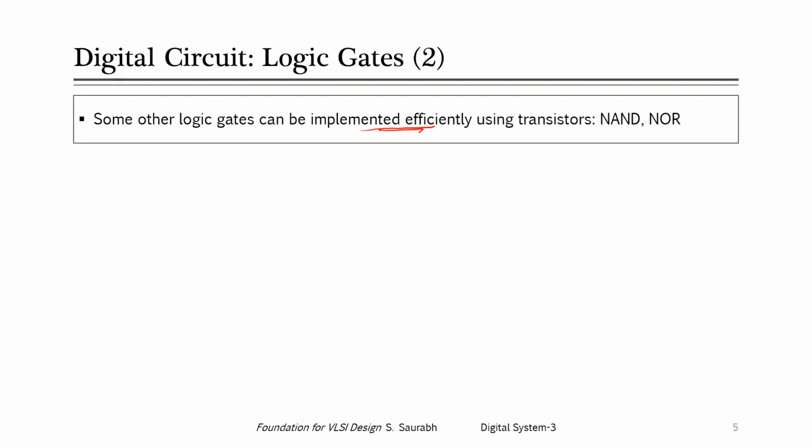For example, in the CMOS technology that is widely used in the semiconductor industry, the NAND and NOR logic gates can be implemented much more efficiently in terms of delay, power, area, and other figures of merit. So logic gates like NAND and NOR are very popular.